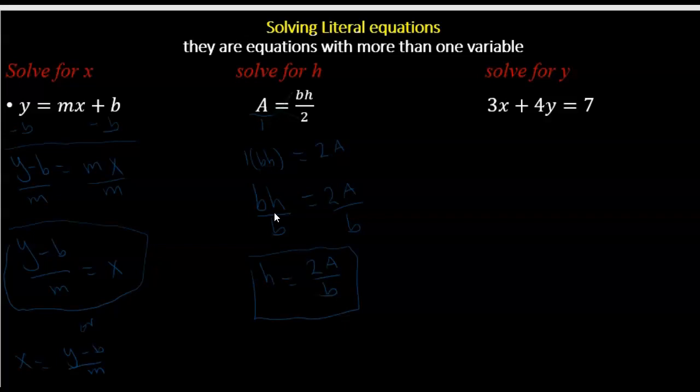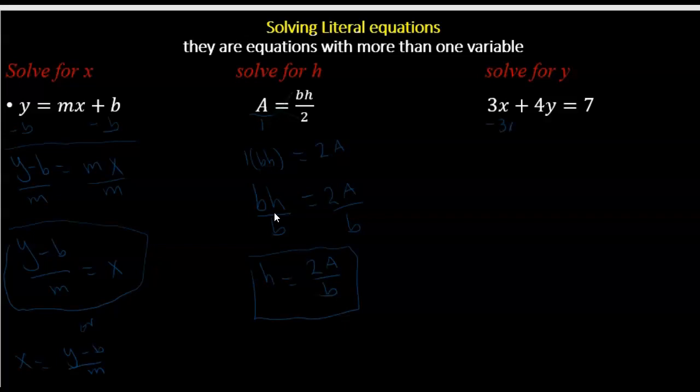Which means we're going to move everything, including x, to the other side of the equation, and we want to make sure we have y by itself on one side of the equation. So to start, we have to start with addition first. So we have to move the 3x first. To do that, we're going to subtract 3x on both sides of the equation.